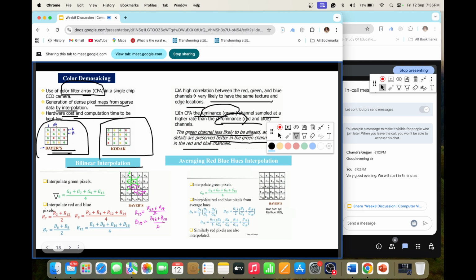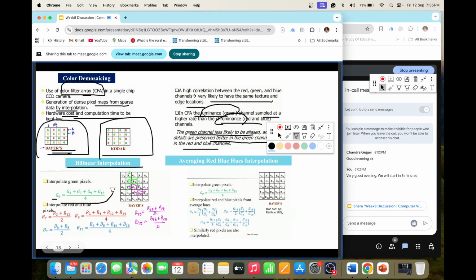Bilinear interpolation means the green will be given by, as you can see here, we do not have G8. In place of G8 we have B8. So how can we calculate G8? G8 can be calculated as G3 plus G7 plus G13 plus G9, divided by 4.